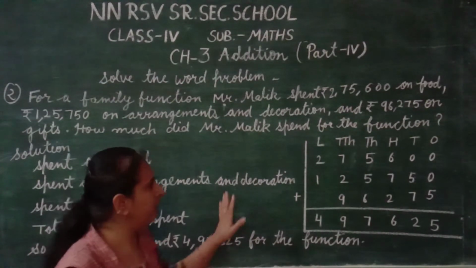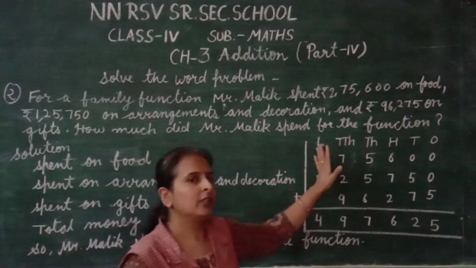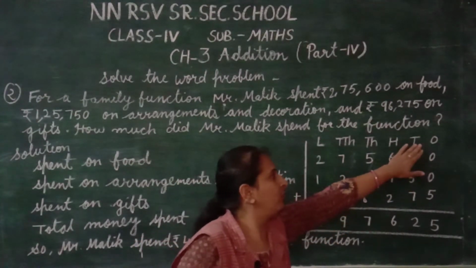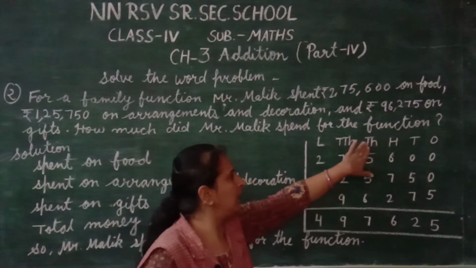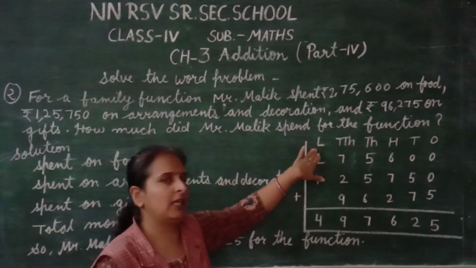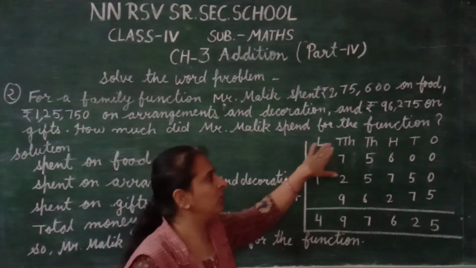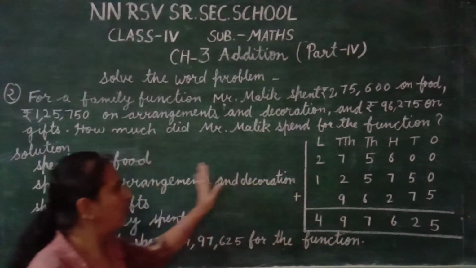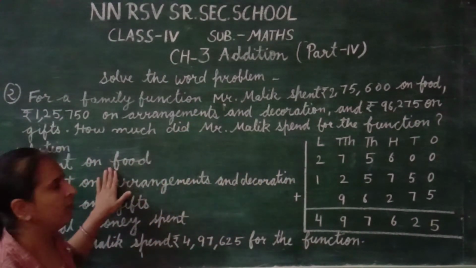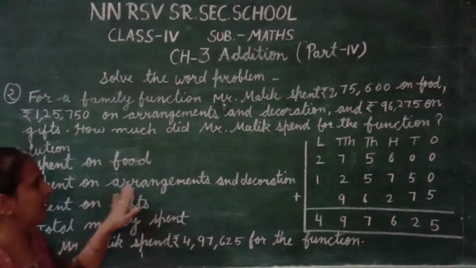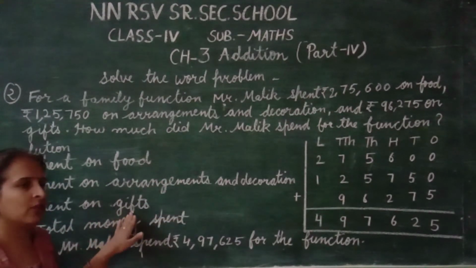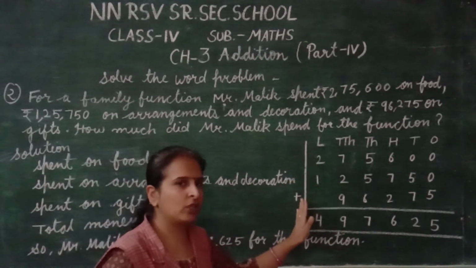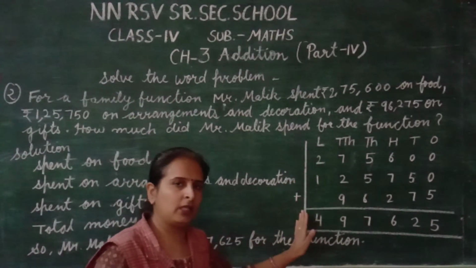First of all, when we write the numbers, we have to arrange the place values: ones, tens, hundreds, thousands, ten thousands and lakh. According to the place value, we arrange the digits. So the total money he spent on food, arrangements and decoration, and gifts, we find by adding these numbers.